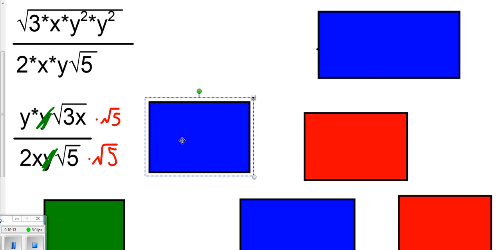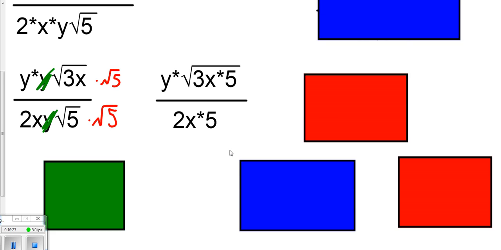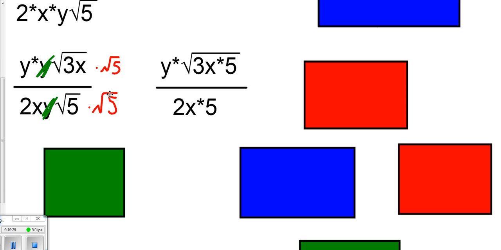When we do that, we get y on the outside times the square root of 3x times 5. Again, because this is a square root, it can all come under the square root together when we multiply it. Square root of 5 times the square root of 5 is just simply 5.